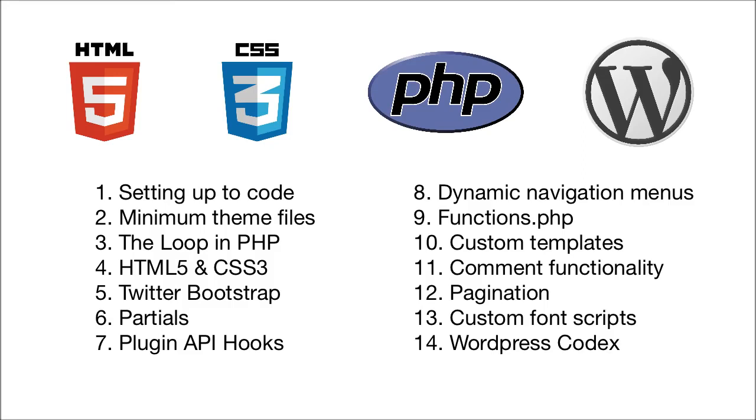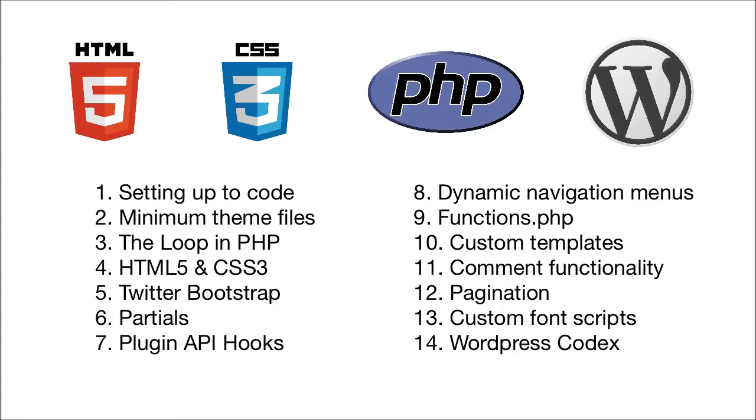We're going to learn how to create dynamic navigation menus so that you can just dive into the WordPress admin section and decide how you want your navigation menu to look. We're also going to use best practices and learn how to use the functions file and learn how to do things like loading third-party scripts.